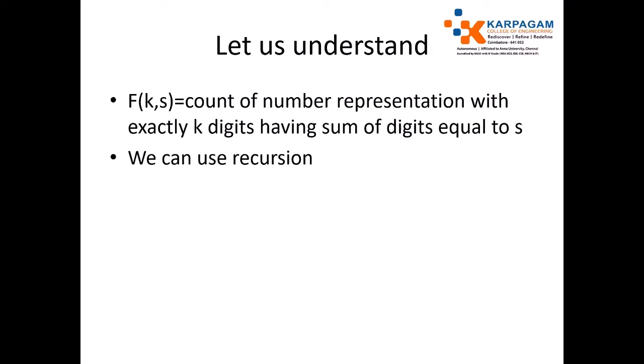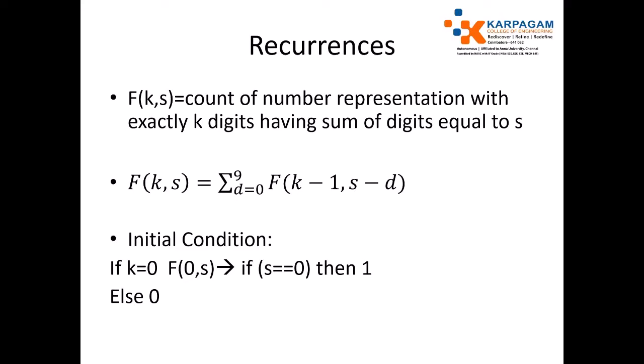So for solving this problem, we form a recurrence like this. We can use recursion by using the formula like this: summation d equal to 0 to 9, because it is a decimal number, so d ranges from 0 to 9. For solving f of k comma s, you have to solve f of k minus 1 comma s minus d, with the initial condition k equal to 0.